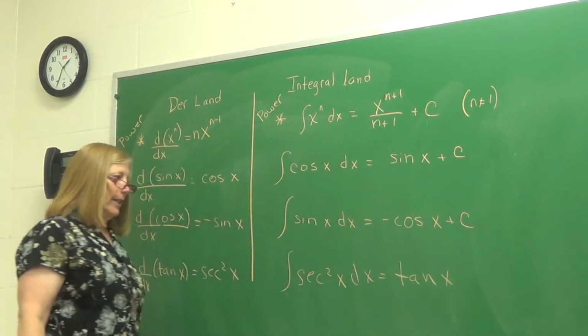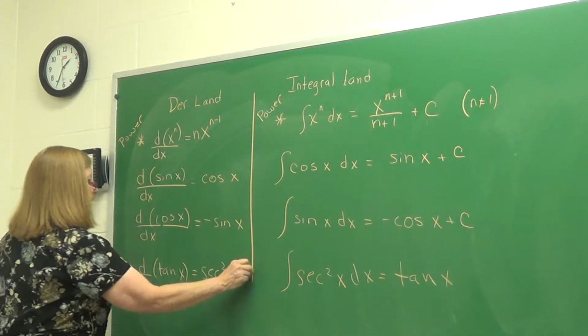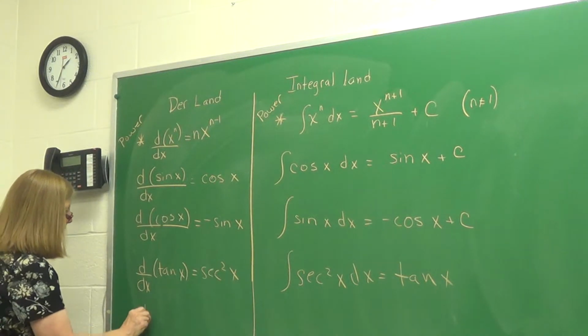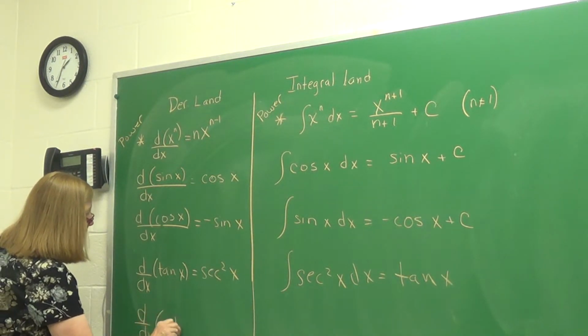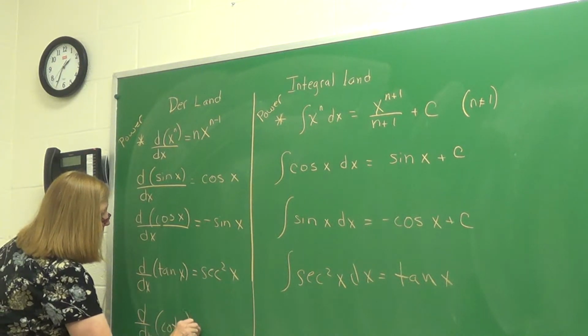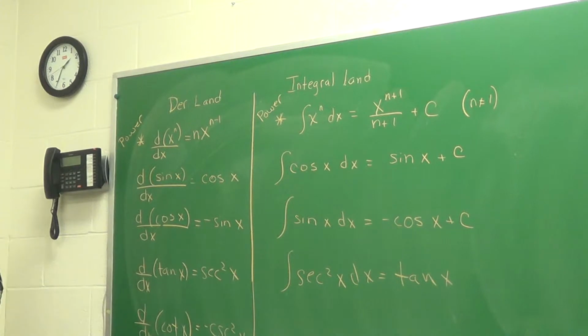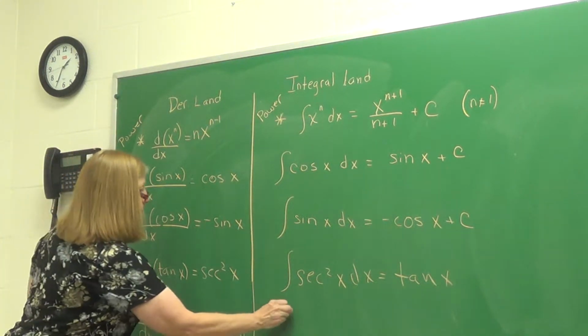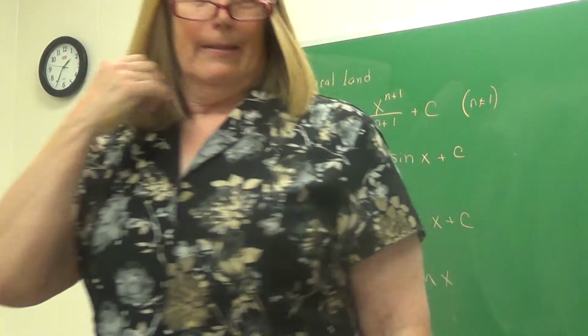If secant squared ends up in our problem, we can integrate it because of this relationship in derivative land. And similarly, the derivative of cotangent is negative cosecant squared x. So, I'll make sure you caught up with me. I don't want to zoom ahead.